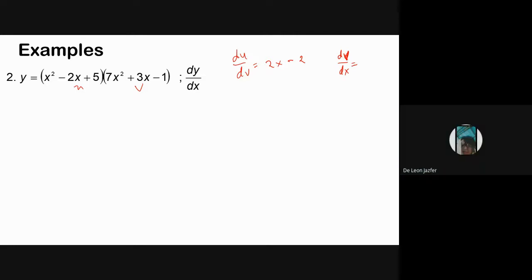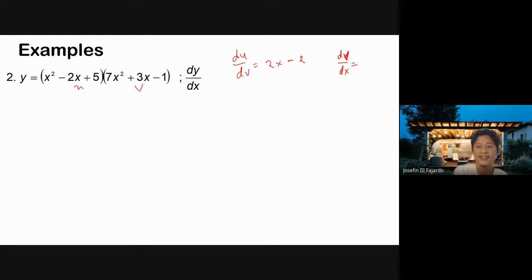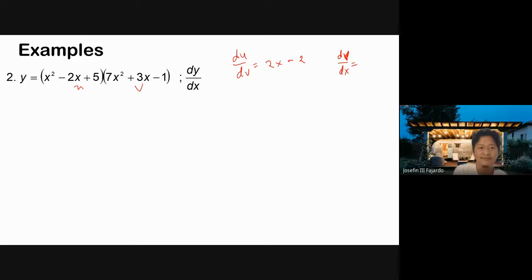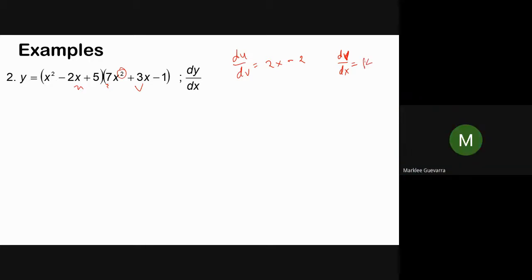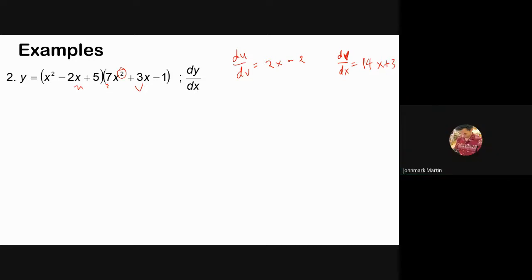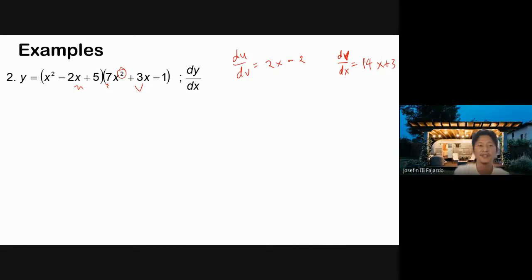Kopyahin si 7 times yung exponent. So that will be 14x. And then derivative ni 3x ay 3. Okay, so paano natin kunin si derivative nito?